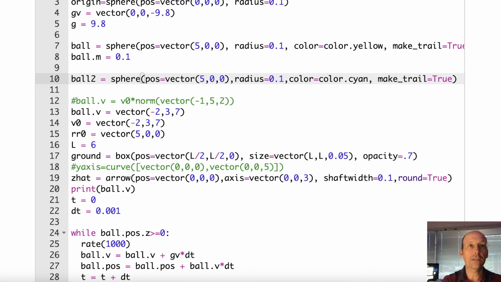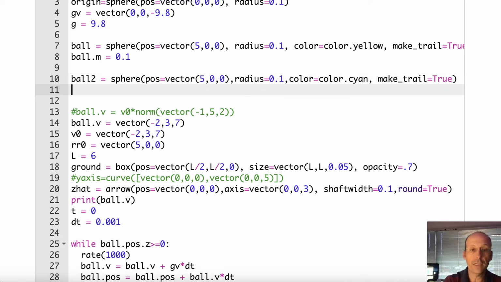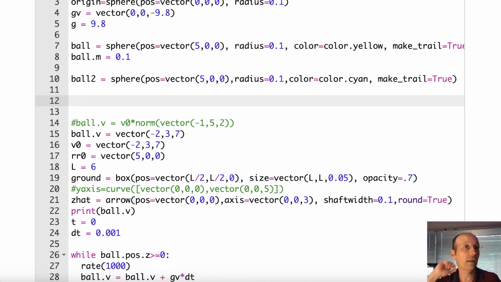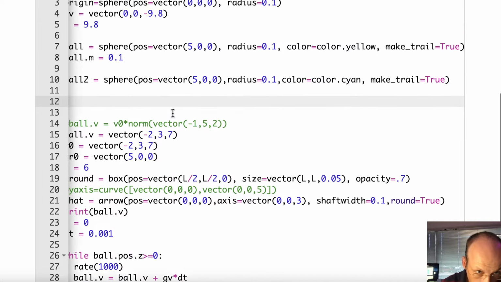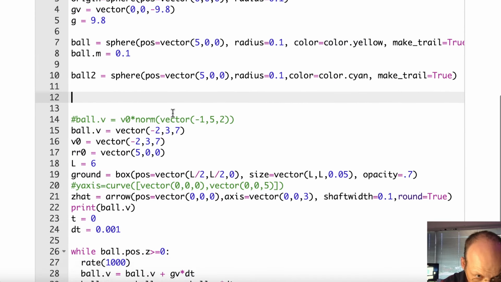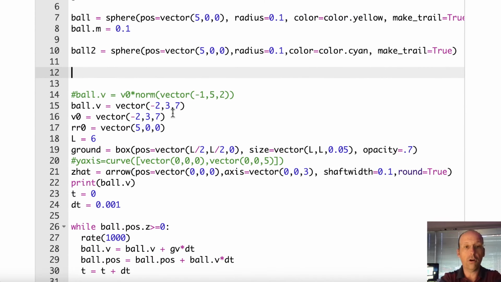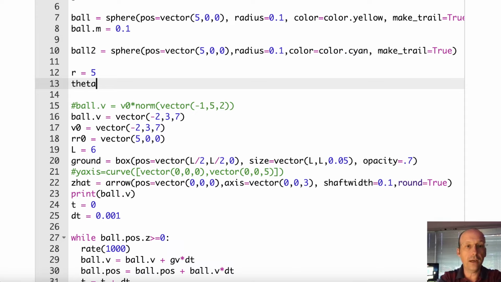Okay, the next thing I need to do is to write down my initial values. I have all these variables I want to write. R is my spherical coordinate value, and that is going to be equal to just 5. We already said that. Theta is equal to pi over 2.